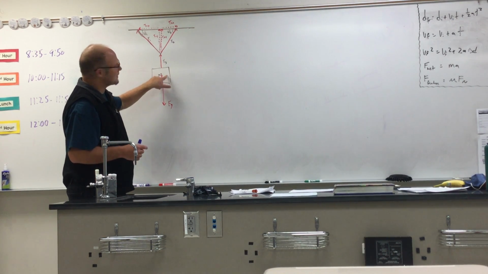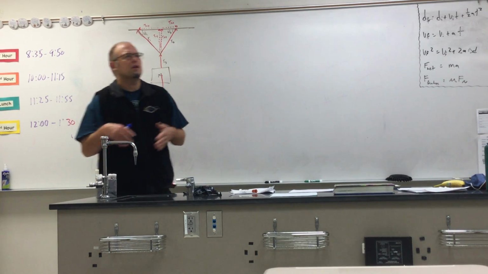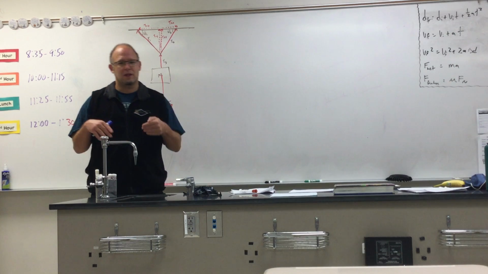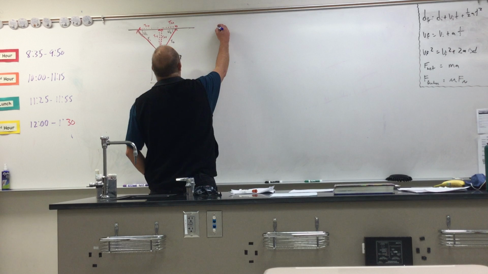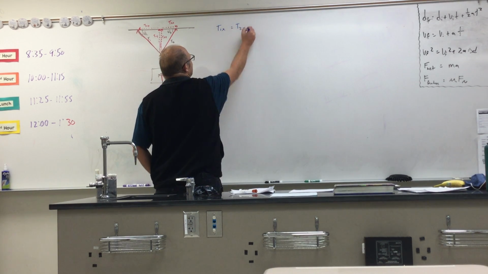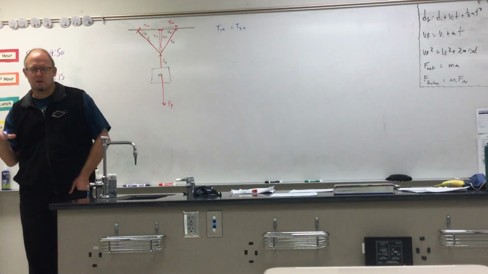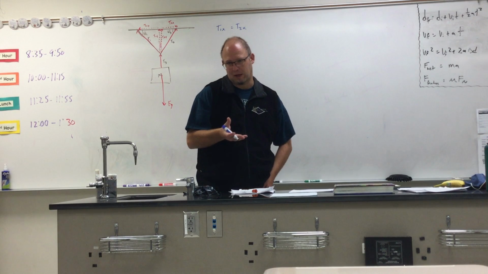Now ask yourself, is this object accelerating in the x direction? The answer is no. So what do you know about the forces in the x direction? They must cancel. The one thing we know for sure is that T1x has to equal T2x. I'm talking in magnitudes. Yes, of course, they go in opposite directions, but they have to be equal and opposite.